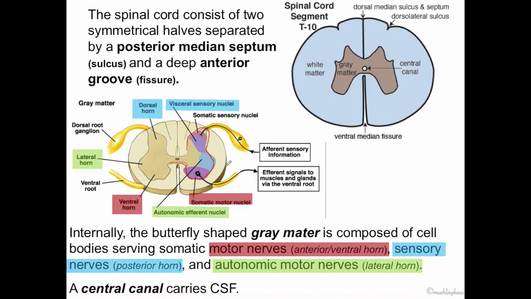But that's sensible because in the brain, the information needs to go from the cortex down to the body, or up from the body, and so it makes sense that the cell bodies are on the outside. In the spinal cord, the cell bodies are going to be more internally located because most of those fibers need to go as tracts up and then, of course, down the spine.